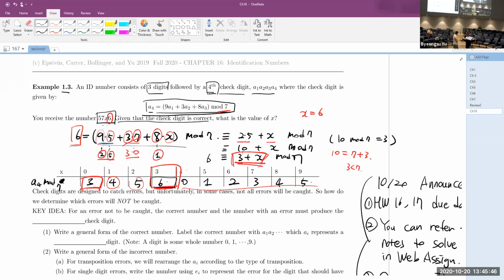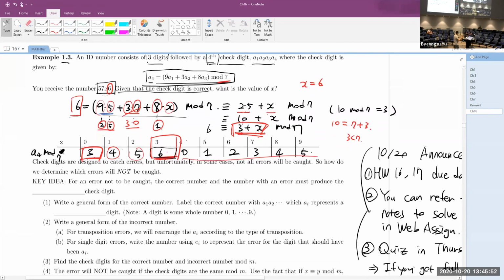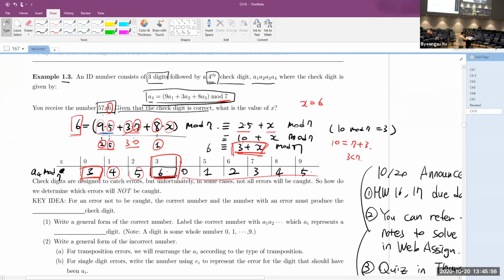Now today, we will do a little bit more than this. For example, if our check digit is not 6 but 5, then in this case we cannot determine our x in example 1.3, because x can be 2 or 9, right?